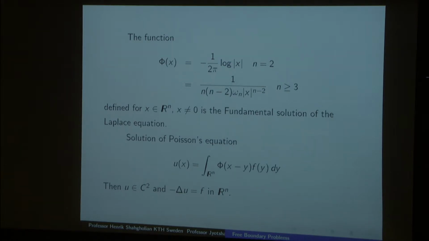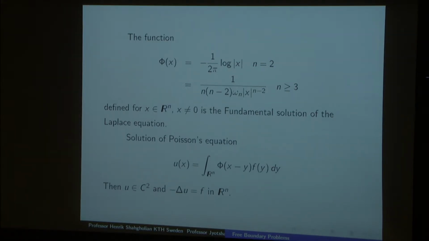The Dirichlet problem in the disk is something that is done in our MSc class, and here we define u of x equal to the integral over Rn of phi of x minus y times f of y dy. If you define it like this, then u is in C2 and minus Laplacian u equal to f in Rn.